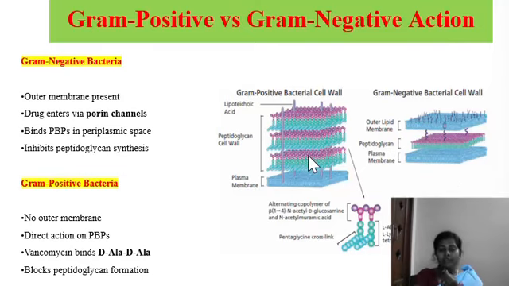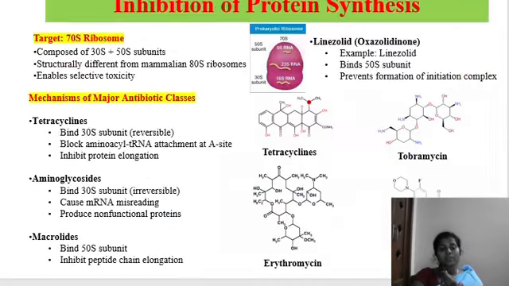On the other hand, gram-positive bacteria don't have an outer membrane. So beta-lactam will directly bind with the penicillin binding protein, and thereby the peptidoglycan synthesis process is completely affected. If this is affected, then the cell death process will take place.